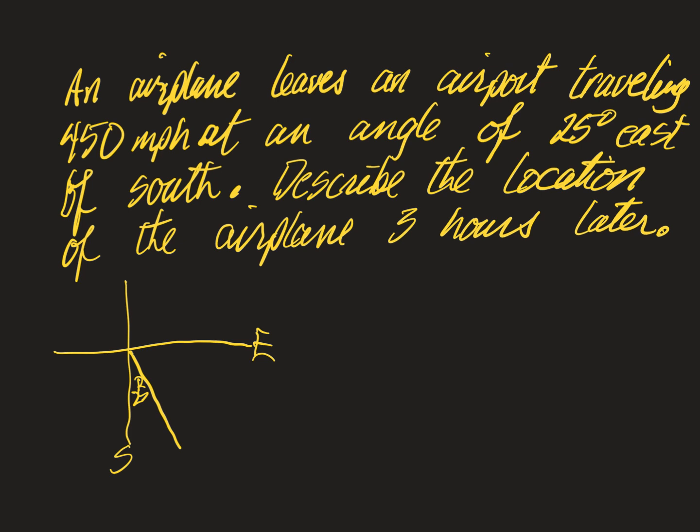All right. Okay. And so now we want to describe this particular vector that the airplane is traveling at. Okay? So let's do that. So number one, we want the magnitude of the vector.